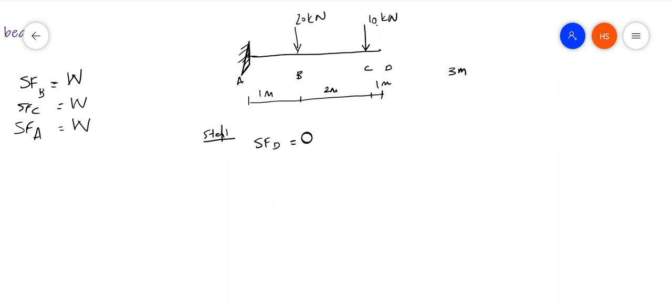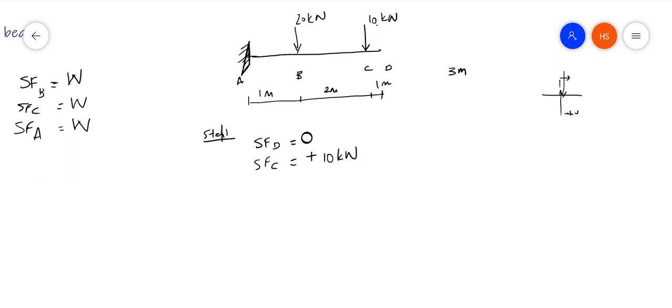Now I am coming to C. What is the shear force at C? It is 10, to the downward side. As we have said earlier, if I am considering the section to the right and the force is to the downward side, that is taken as positive. So I can write positive 10 kilonewton.